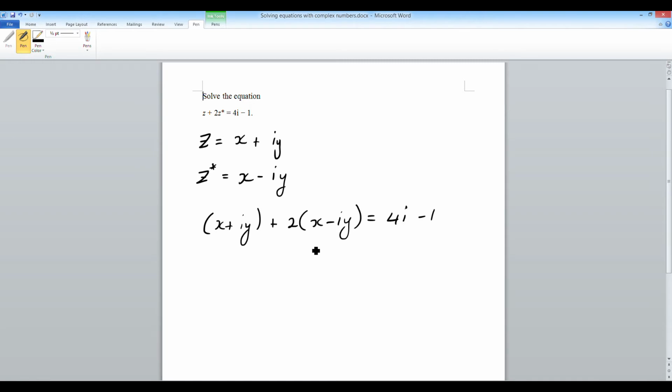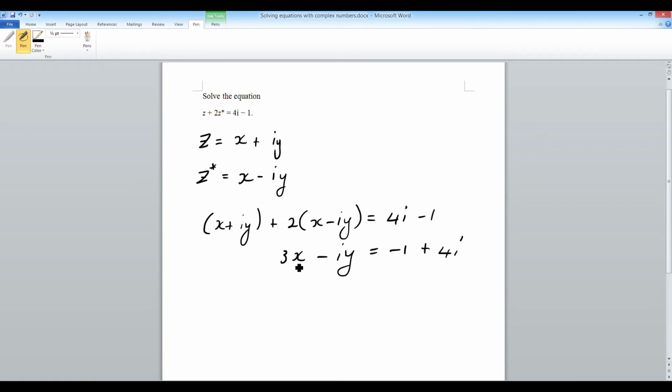So if I want to expand the brackets, x plus 2x is going to become 3x and minus iy, because what I have here is I have iy positive, and here I have minus 2iy, so it becomes minus 1iy. And this is equal to, now I'm going to rearrange this to say that this is my real part plus my imaginary part. Now what I can do is I can compare coefficients.